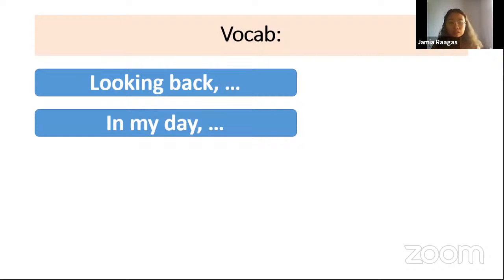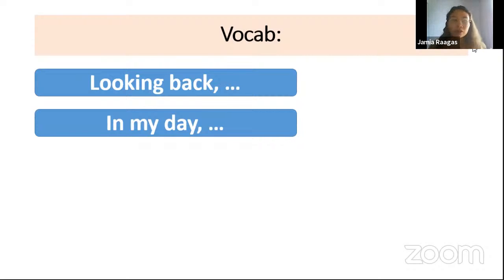We use these two when we are talking about the past, but like going to and will, they have differences also. For example, I say, looking back, my high school days are the worst days of my school days.